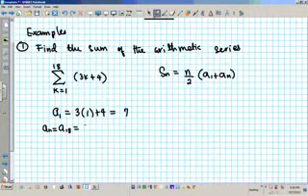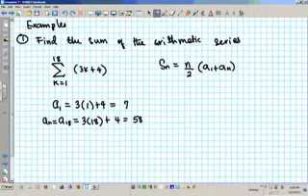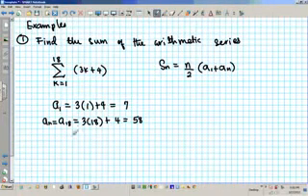So we have 3 times 18 plus 4, which is 54 plus 4, and that will give us 58. And also in this case, n equals 18, since you started from 1 all the way to 18, so you're going to be adding 18 terms.